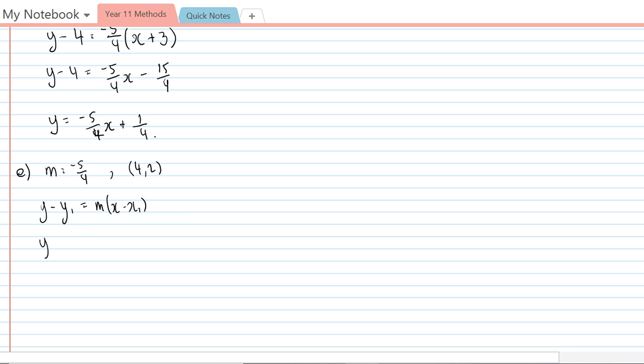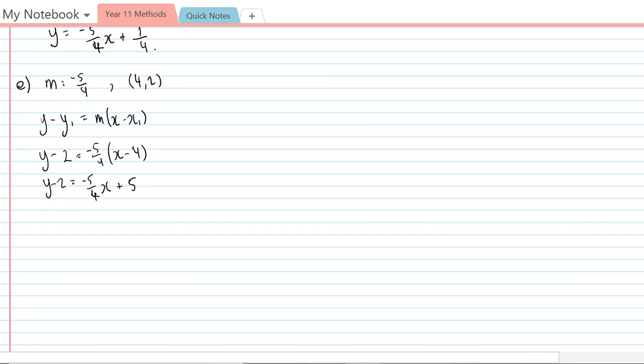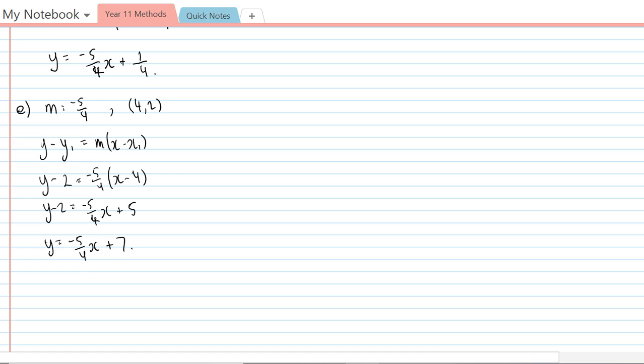So that means y minus 2 equals -5 on 4, x take 4. Expanding the brackets, y take 2 is -5 on 4x, and then just plus 5. And then just need to add 2 to both sides. So y is -5 on 4x plus 7. And there we have it.